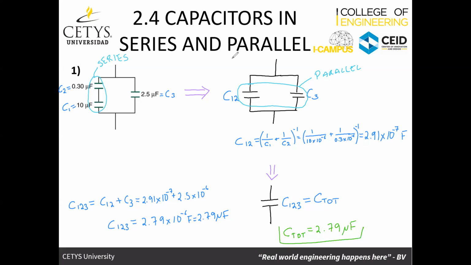So for series, and Diego, I'm gonna put the general notation, because right now we're seeing 2, but we could have 3, 4, 5, or 6 connected in the same way. So for series, the total capacitance of a series array is gonna be the sum of the inverse elevated to the -1.